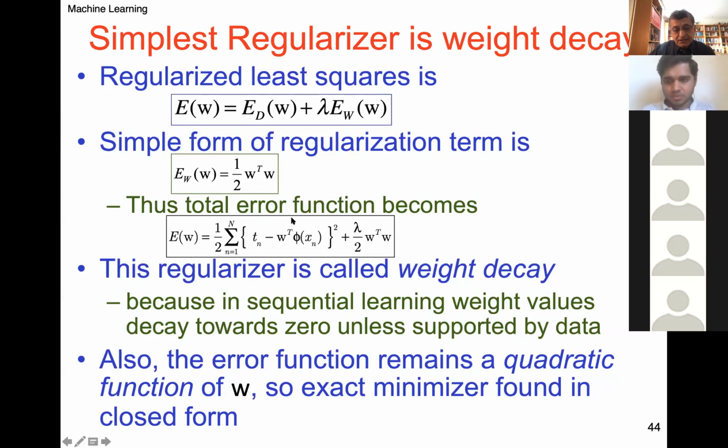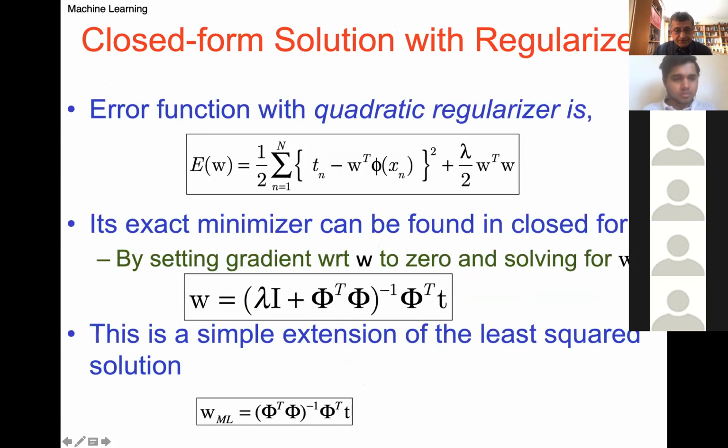Previously, our E(W) was the sum of squared errors, and that is what led to a closed form solution that says W is nothing but an expression in terms of the design matrix and so on. What if we add this, what happens to it? Well, that also leads to a closed form solution.